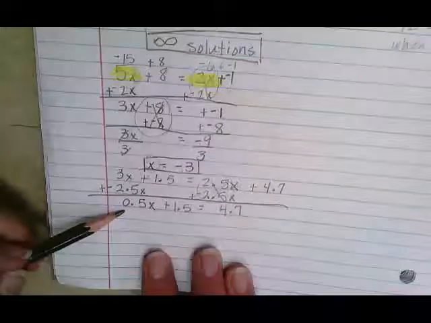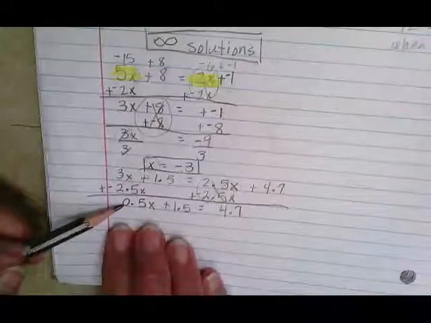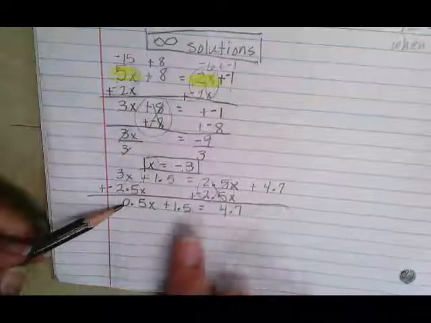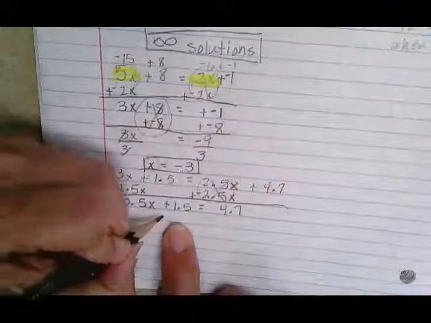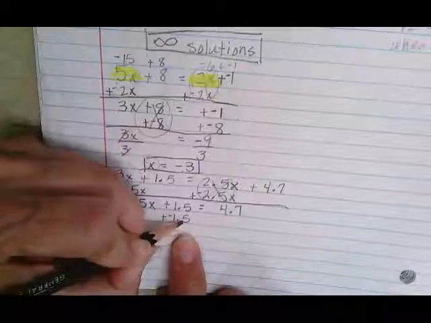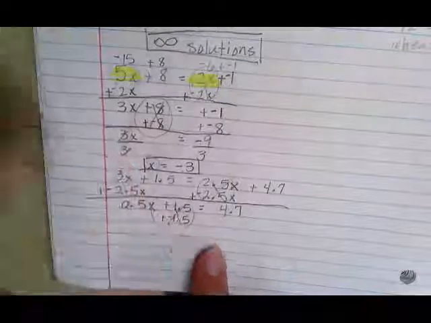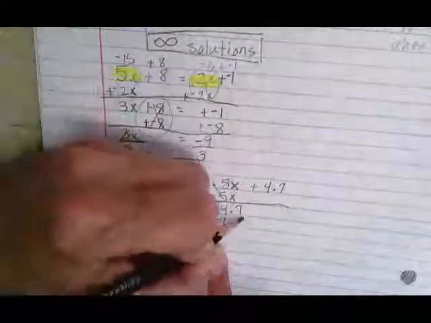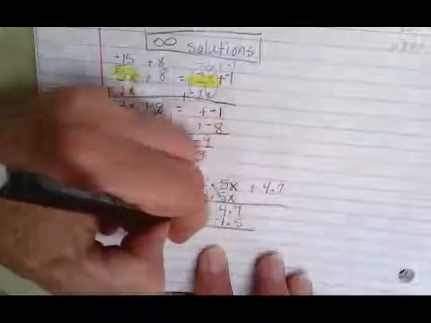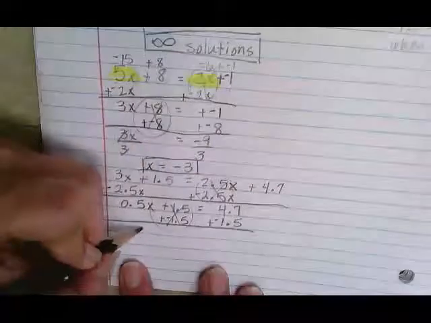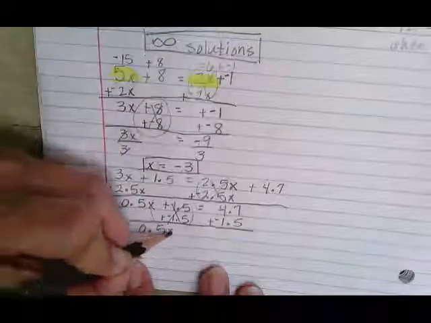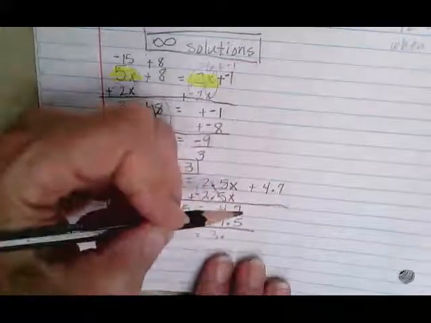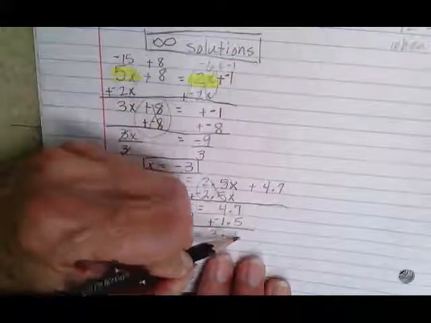So now what I do is I want to get all of my x's on one side. I have that, and my numbers over on the other side. So I'm going to add the opposite. Going to use my additive inverse property. And when I do that, I get 0 and 5/10 x is equal to 3 and, let's see, 2/10.